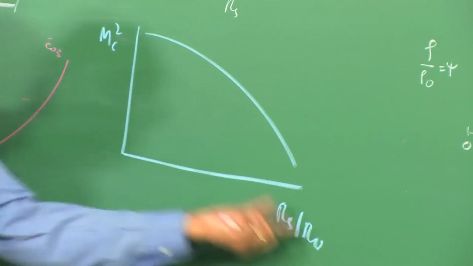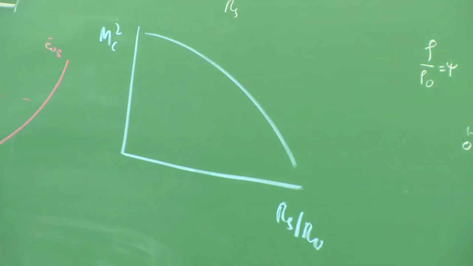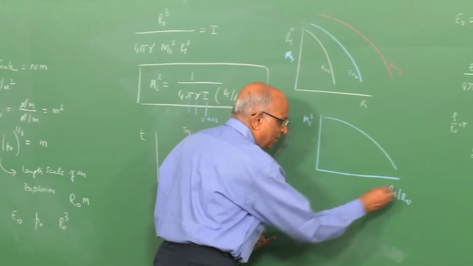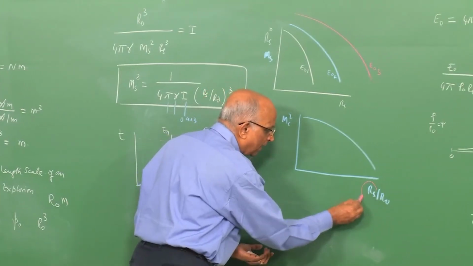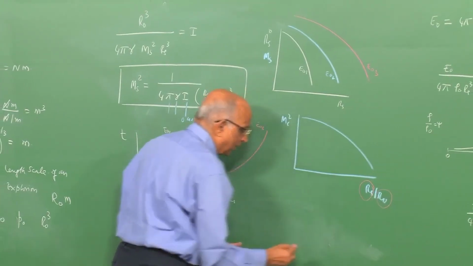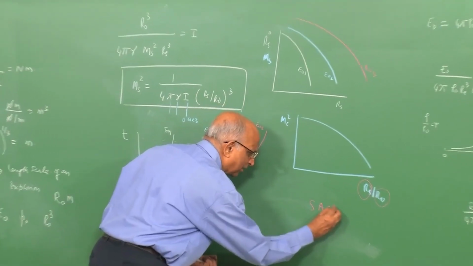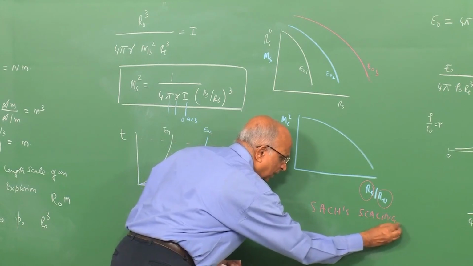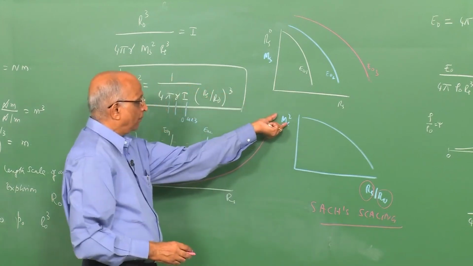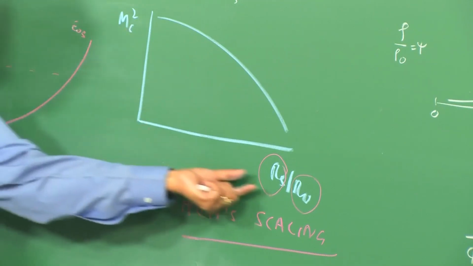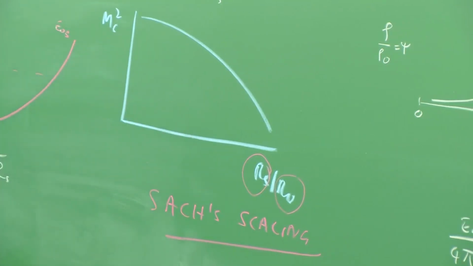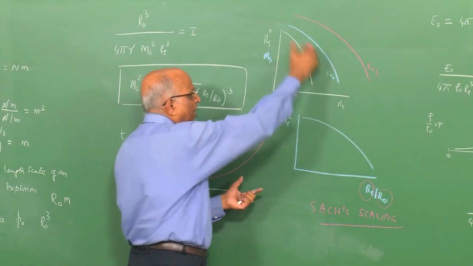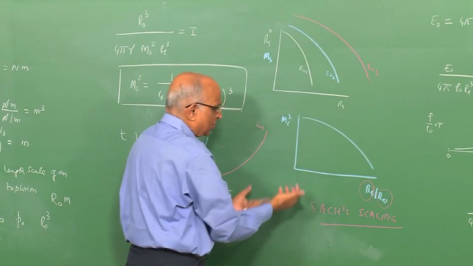Therefore, I am in a better position to solve the equations, and this way of characterizing the distance travelled by the shock in terms of the explosion length is what is known as Sachs scaling. That means we are able to scale the Mach number of the shock in terms of the scaled distance, and I do not really need to consider the energy embedded here, and therefore I do not need these multiple energy curves to do that.